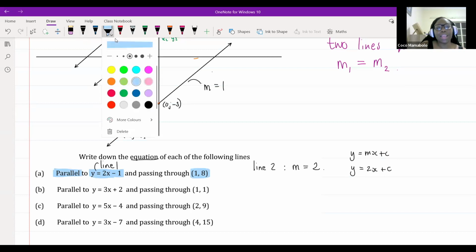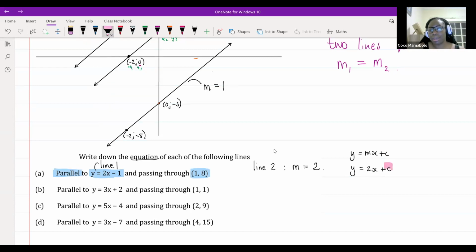Now, the thing I still need to find is my c value. But over here, they have given me an x value and a y value. So I'm going to take the x value and the y value, and I'm going to substitute them in here to find c. So where I see y, I'm going to replace it with 8.